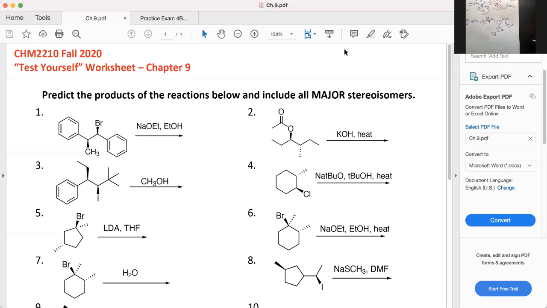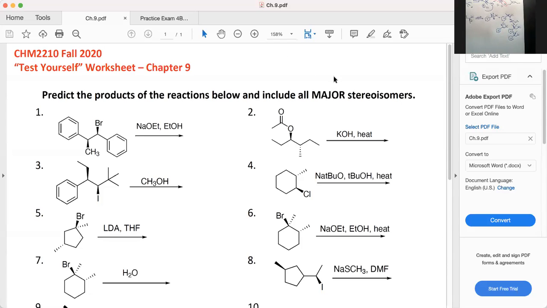So under SN1 conditions, you can also get, all right, so you get those three products. All right, so E1 pathway and SN1 pathway both happen, okay?